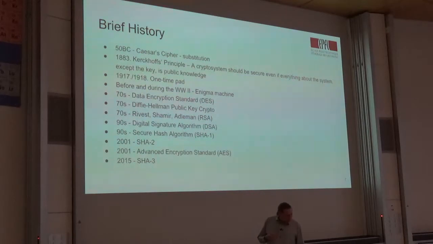So cryptography goes way back in history. This is a super brief historical look. It goes back to 50 BC, the time of Julius Caesar, when supposedly the Caesar cipher came about.